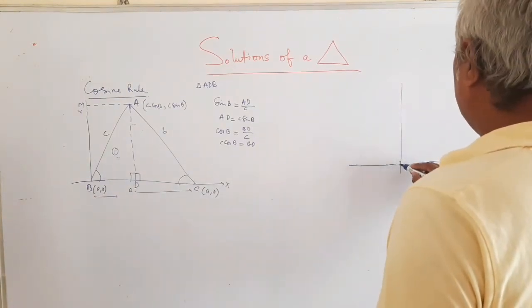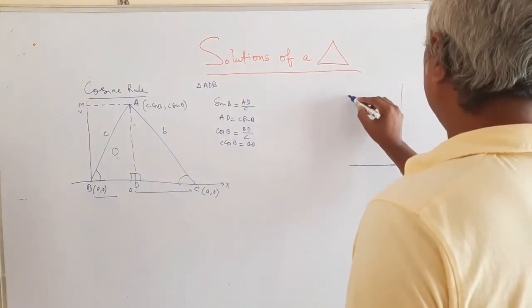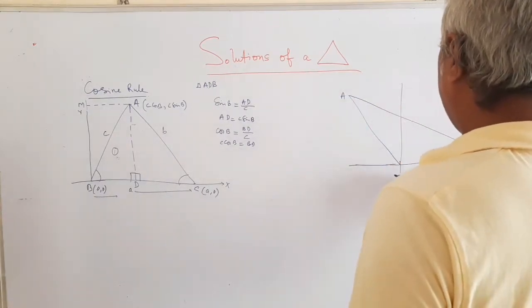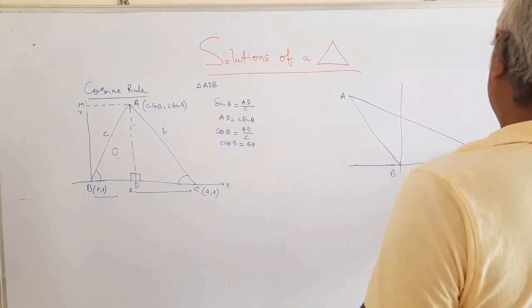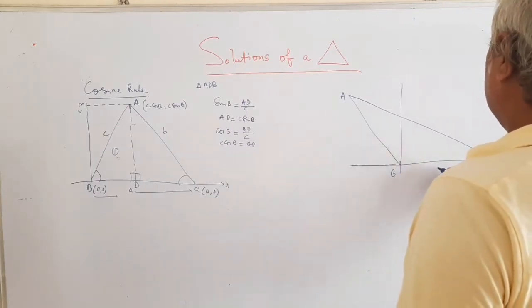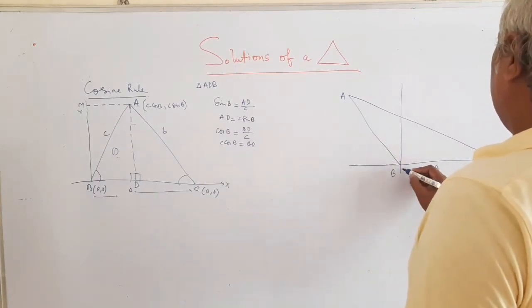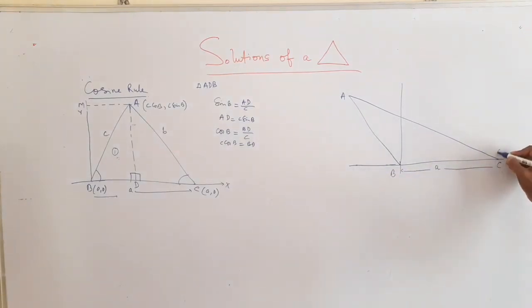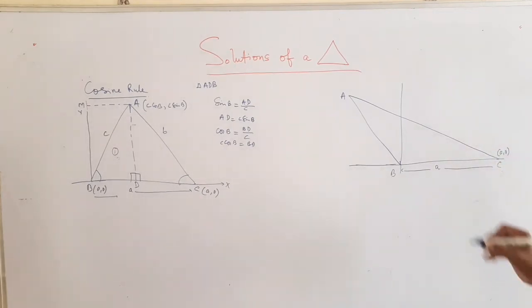So here I have the triangle, I name it as obtuse triangle ABC. So this is small a from here to here, because this is the opposite side. On the basis of that, you can say the coordinate of C will be (a, 0).